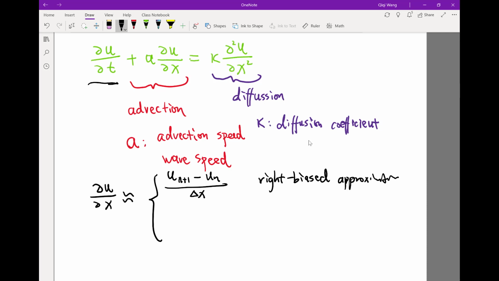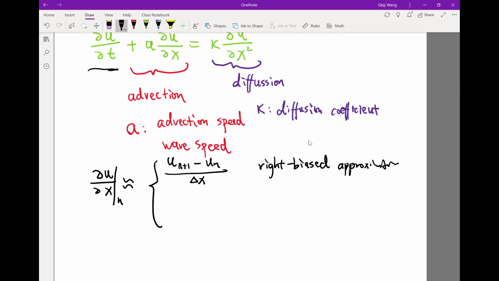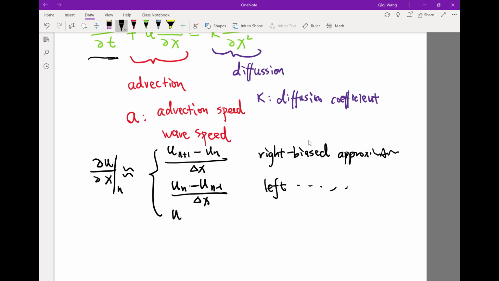Because we are trying to approximate the derivative at grid point n, we can also approximate it using a left biased approximation, taking the grid point in the middle and the grid point on the left. We can also take a centered approach, using both u_{n+1} and u_{n-1}, and here we have to divide by 2 delta x.